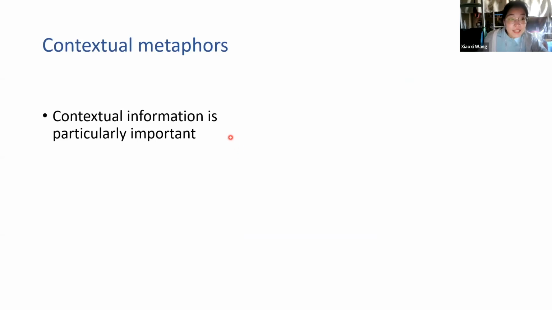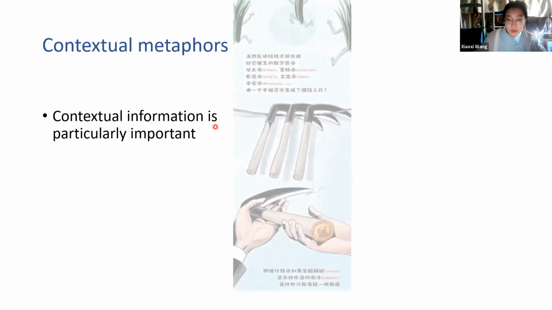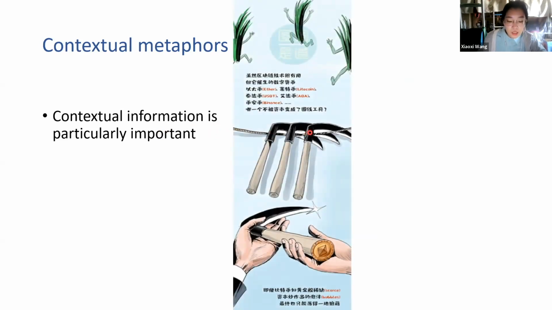Well, in the construction of contextual metaphor, contextual information is particularly important because once removed from the context, there will be no metaphor. So in this example, a row of sickles was suspended from the rope, and the green grass around like men. At the bottom, the man is holding a sickle with a big coin embedded in its base.